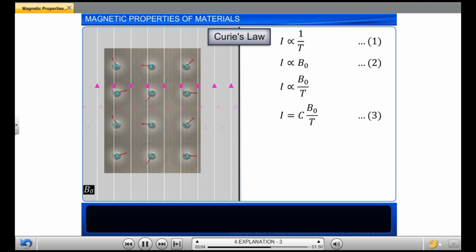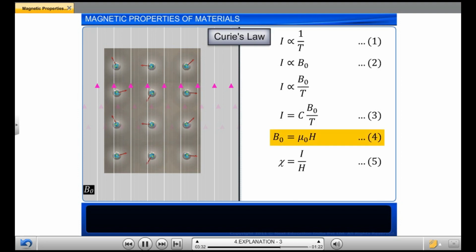We know that B0 = mu0 H. Let this be equation 4. We also know that the ratio of magnetization to magnetic intensity is magnetic susceptibility. That is, chi = I/H. Let this be equation 5.